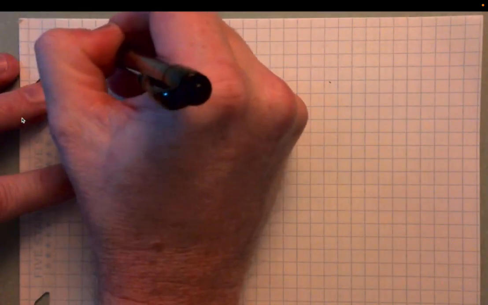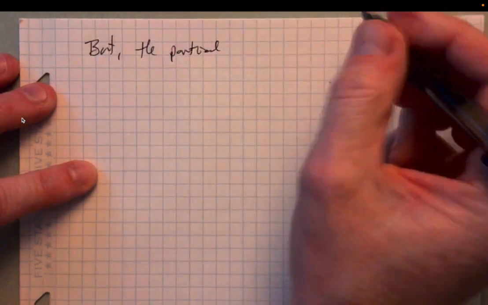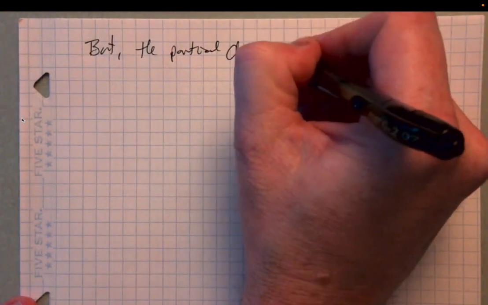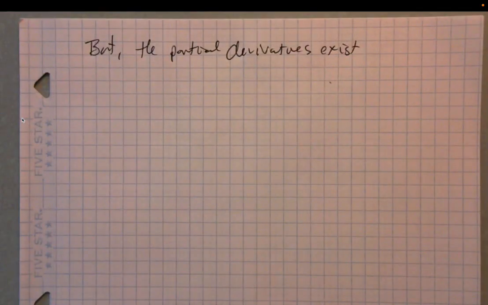Right, so we just saw, approaching 0, 0 from 2 different lines results in a different value for the limit. Therefore, f is not continuous, and therefore f is not differentiable. But the partial derivatives exist. Okay, let's see that.